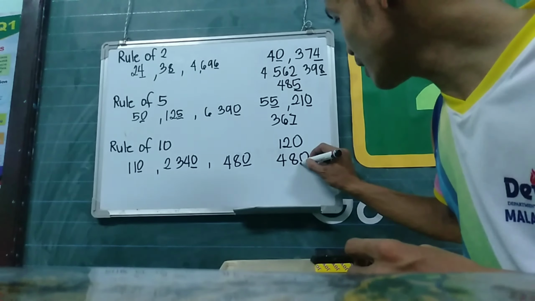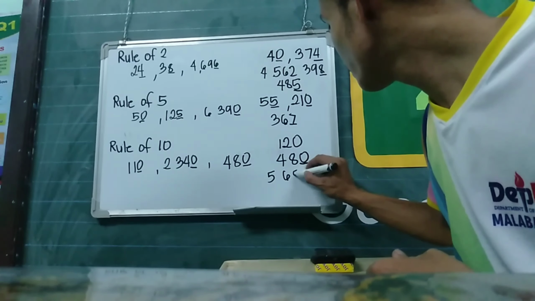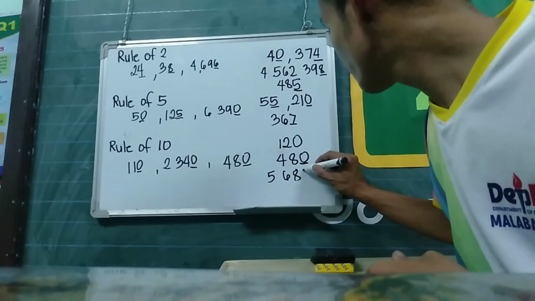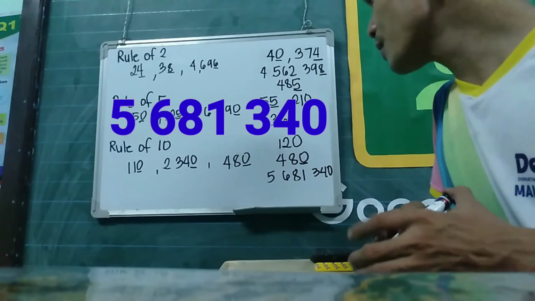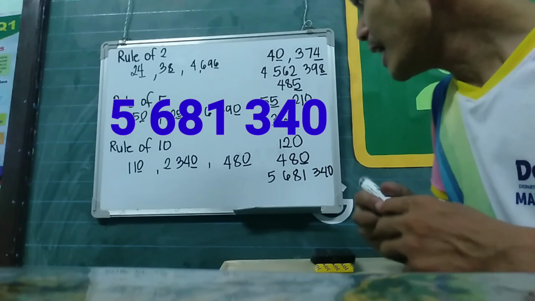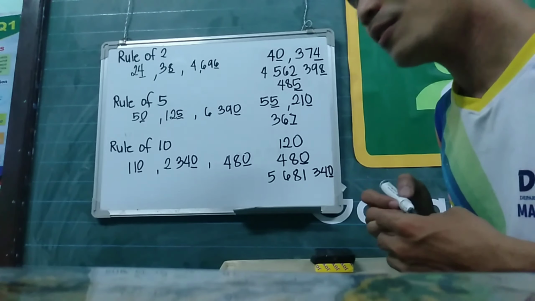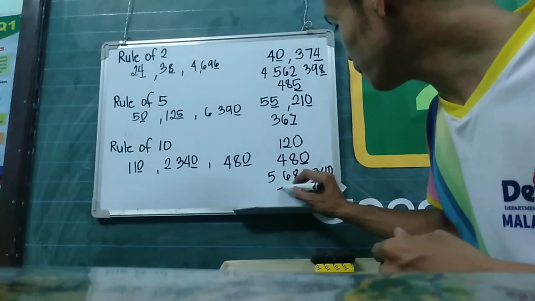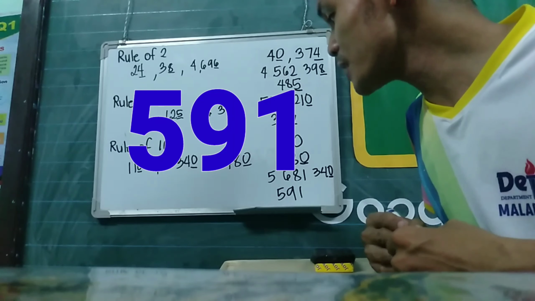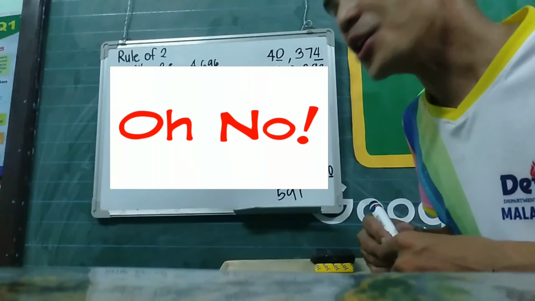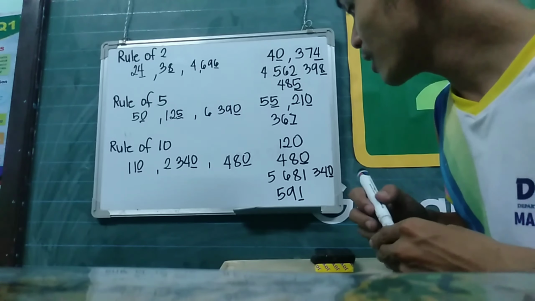Yes, divisible by 10 because it ends with digit 0. 5,681,340. Is it divisible by 10? Yes, because it ends with 0. Very simple. How about this one? 591. Is it divisible by 10? Oh no! Why? Because the last digit is 1 or doesn't end with 0.